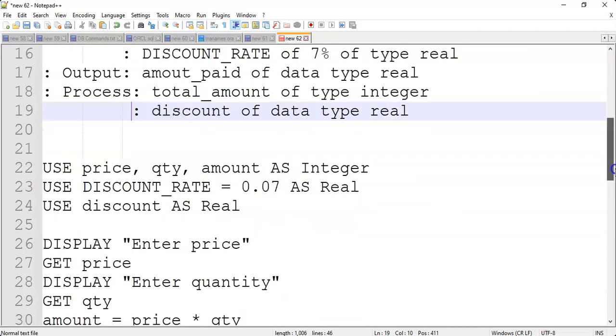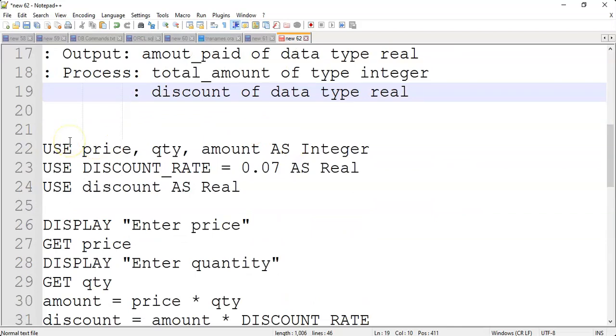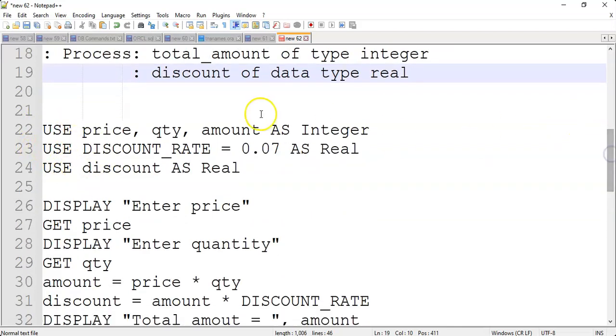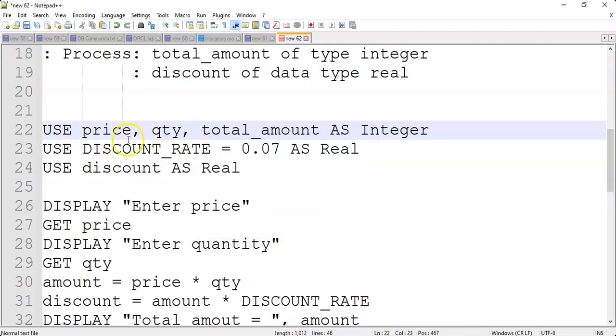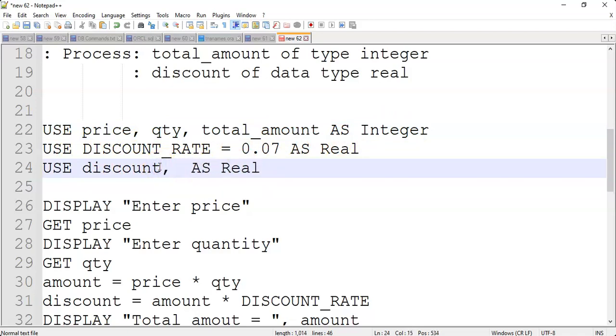After that, we can come up with our pseudocode. The changes would be probably at amount is not amount, is total amount this time around. It's total amount of data type integer, and of course we have discount rate and the discount. But apart from the discount, we are also going to have amount paid.